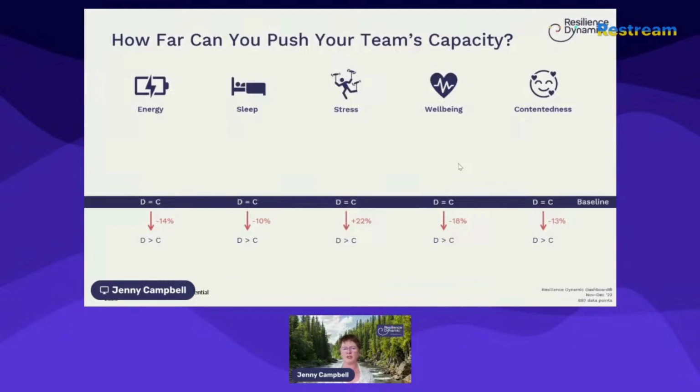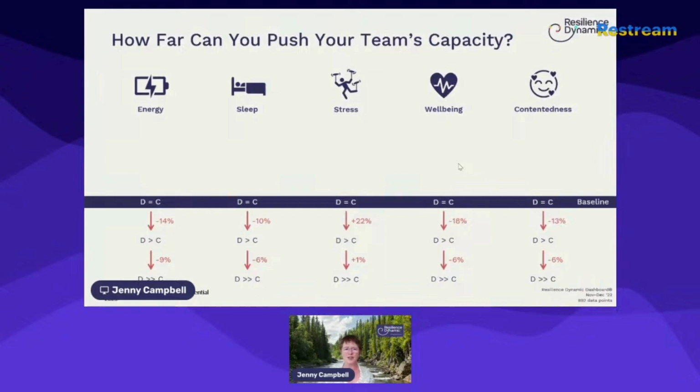Energy dropping 14%, stress is up by 22%. If we really drive the demand and we're putting far more pressure on our people, it increases again, okay? We're talking about a 25% drop here, energy-wise. It's massive, yeah? Really significantly different.